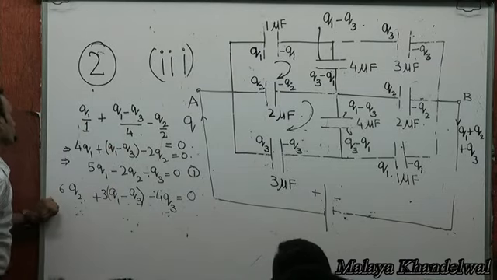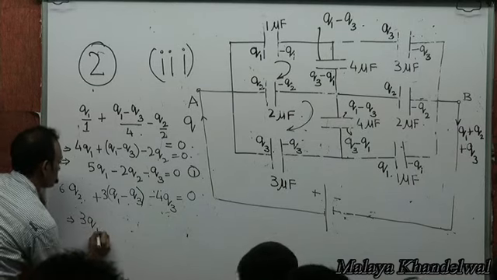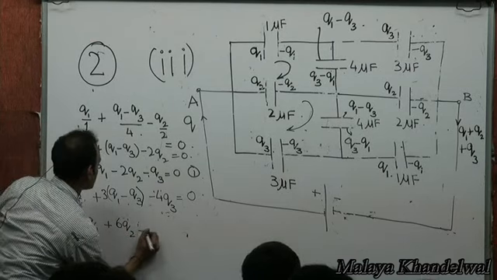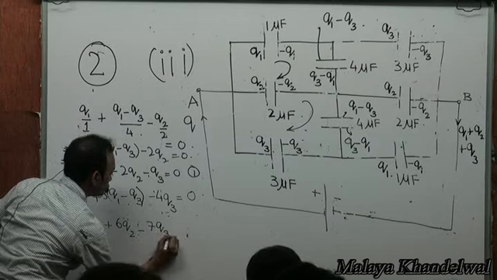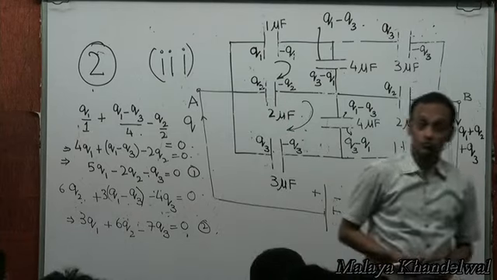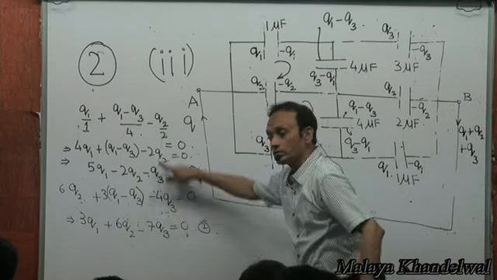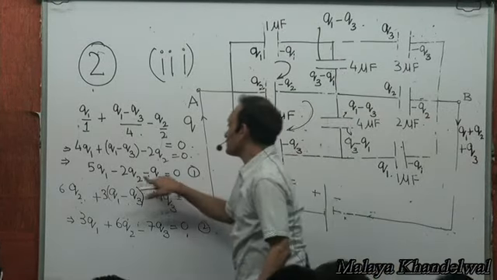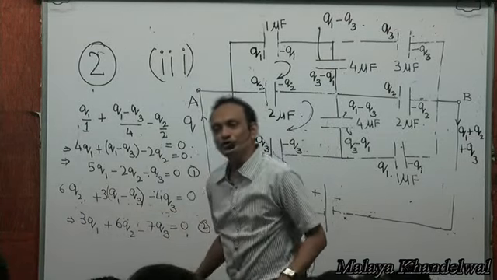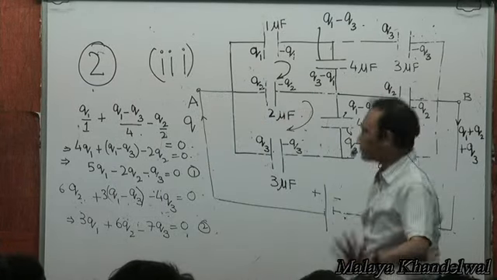So this gives me 3Q1 plus 6Q2 minus 7Q3 equal to 0. Equation 2. Yes or no? Clear? These two equations? Clear? So essentially, you can transpose Q3 and solve for Q1 and Q2 in terms of Q3, right? I'm not wasting time on that anymore.